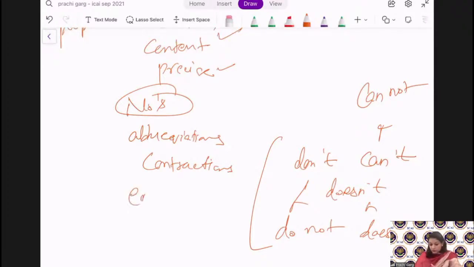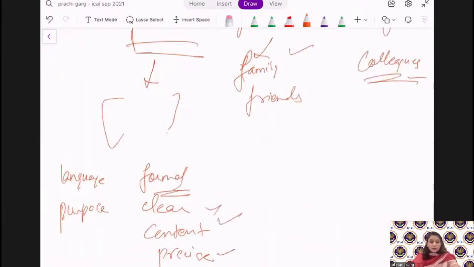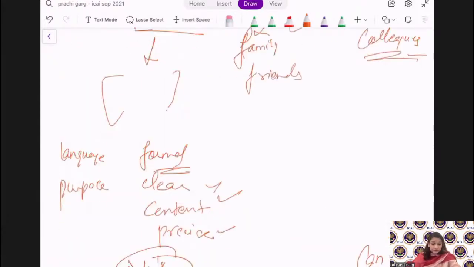No emoticons. No slang language. Okay. No emoticons means don't start making smileys to the clients, right? You never make any kind of a face when you're writing an email, right? You can do that if you are doing informal writing, not even for semi-formal.